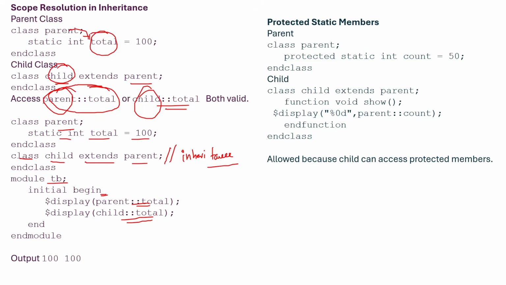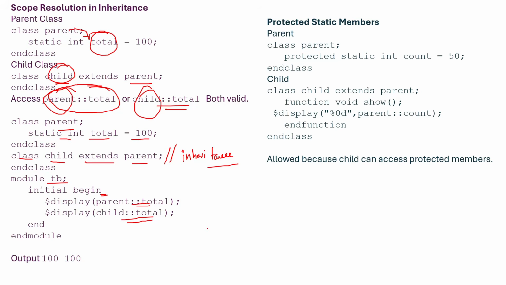And protected. Protected means within the class only we can use that. We have local, protected, and public. Public means it can appear in the normal class and the extended class also. Protected static can also be accessed through your scope resolution operator.